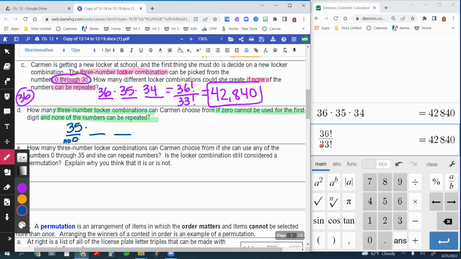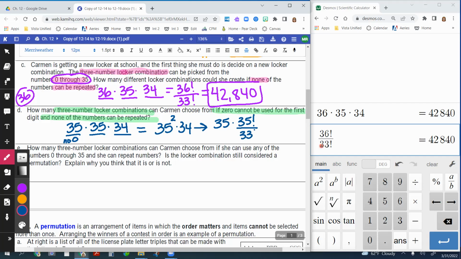Now we're going to put that 0 back in. So now we have, because only 1 out of the 36 has been used, 35 again, and then 34. So this would really be 35 squared times 34. If you're going to write it in factorial, it would be 35 times 35 factorial divided by 33 factorial, because of the 35, 34.